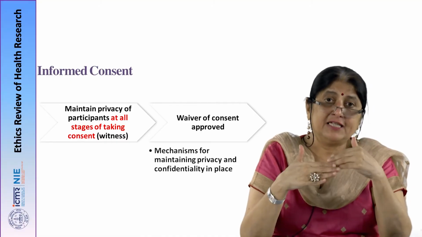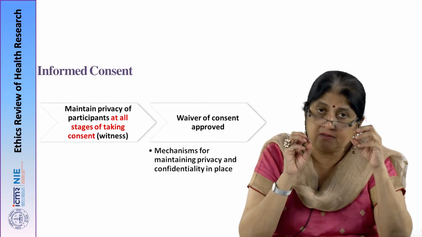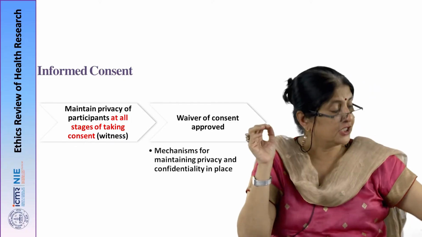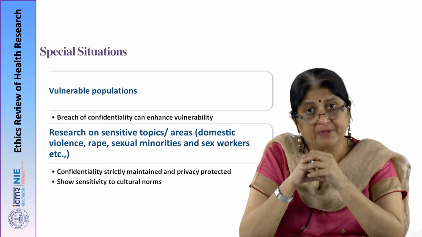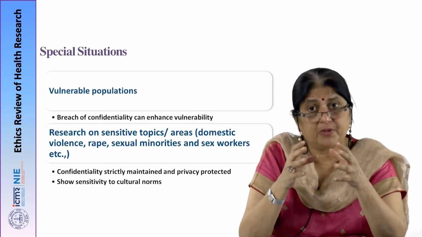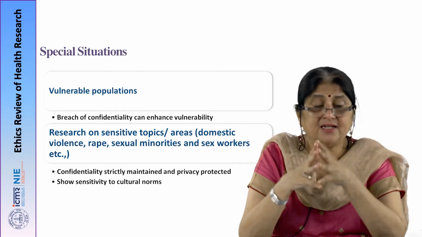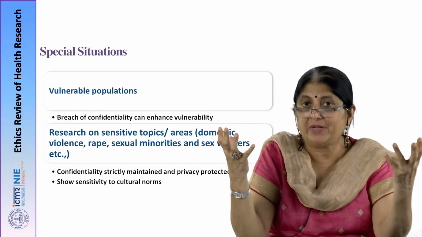If a waiver of consent is given by the ethics committee, the EC always must ensure how privacy and confidentiality will be maintained. When we're looking at special situations like vulnerable populations, the breach of confidentiality, whether it's accidental or intended, can enhance vulnerability.